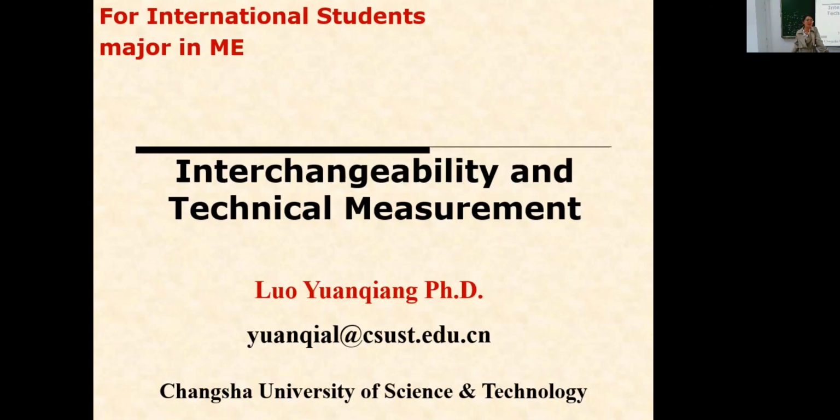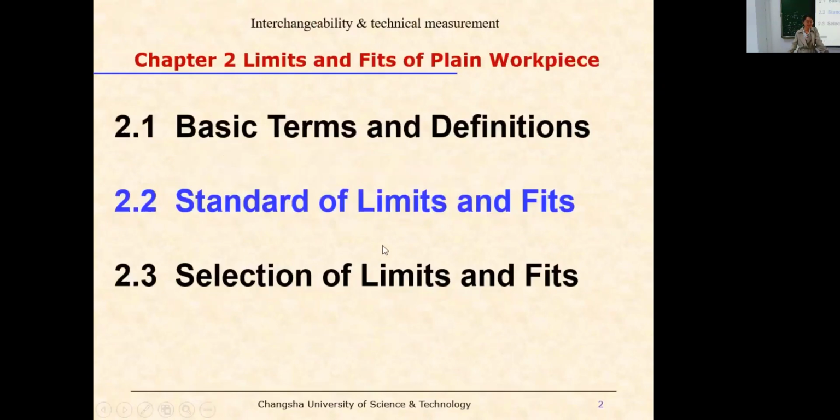This is chapter 2, the standard of the limits of the fits, because last class we just learned how to calculate the tolerance, the upper deviation, the lower deviation.